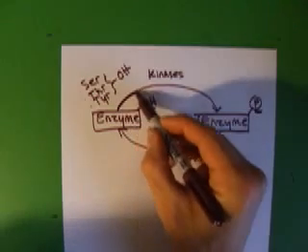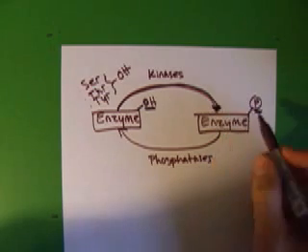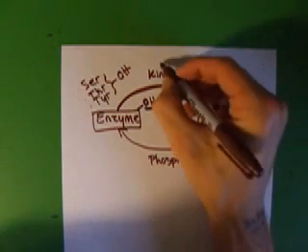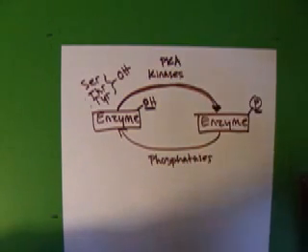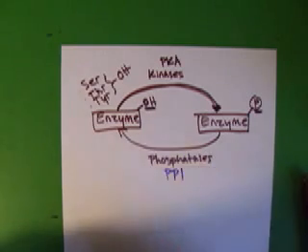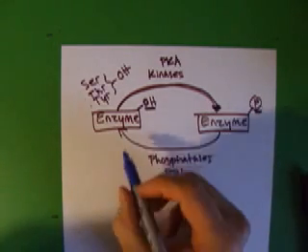So in this unit, kinases, mainly PKA, are what is phosphorylating the enzyme. Phosphatases, mainly PP1 from insulin, is what's dephosphorylating the enzyme.